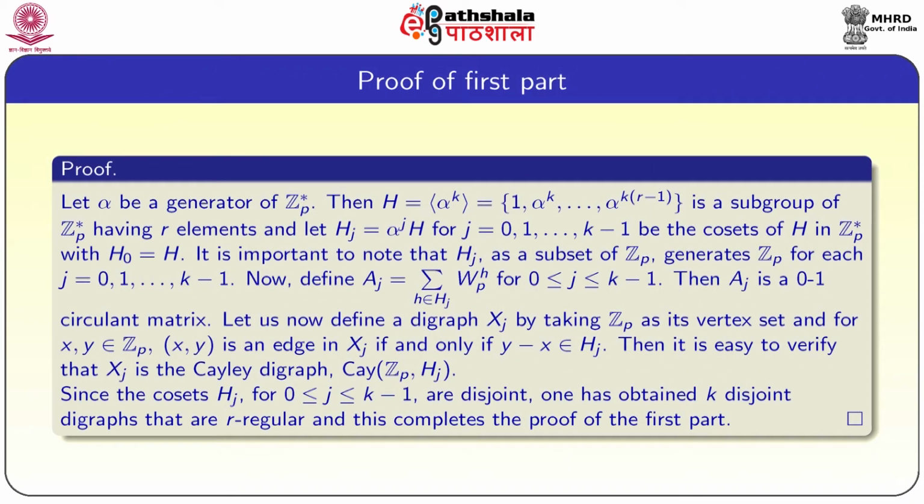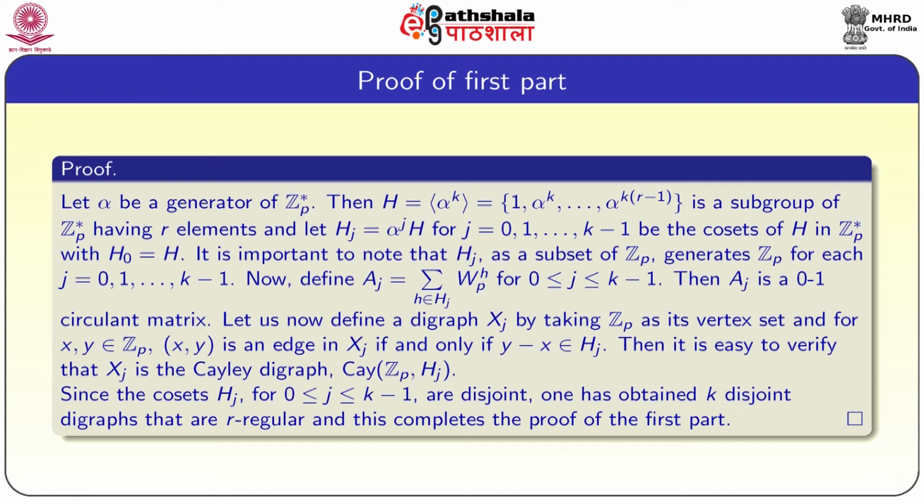Proof of the first part. Let alpha be a generator of Zp star, where Zp star means deleting 0 from Zp. Then H equal to {1, alpha^k, and so on, alpha^(k(r minus 1))} is a subgroup of Zp star having r elements.